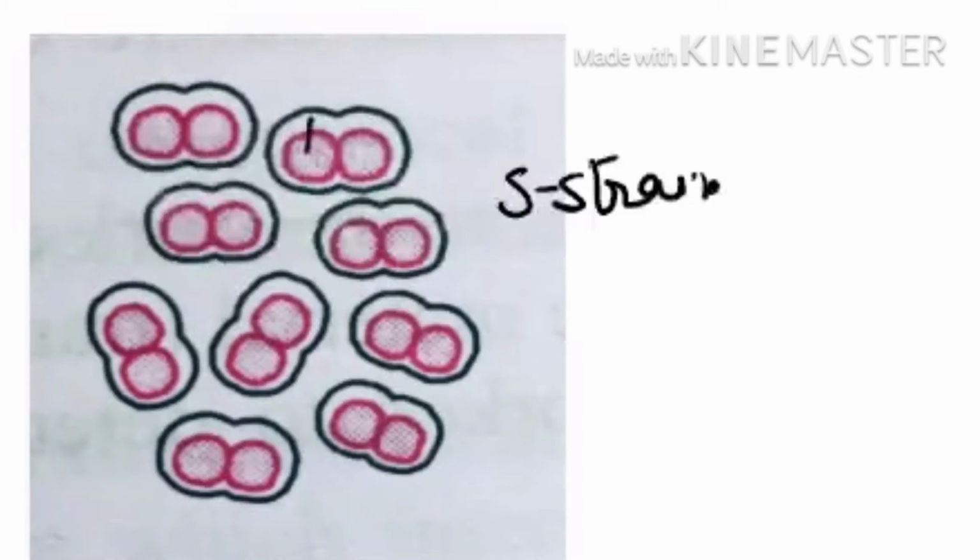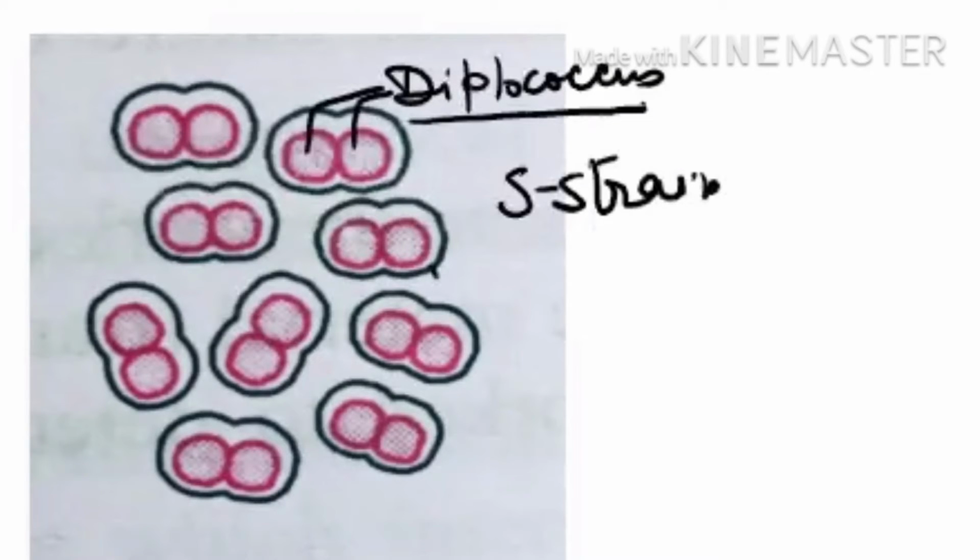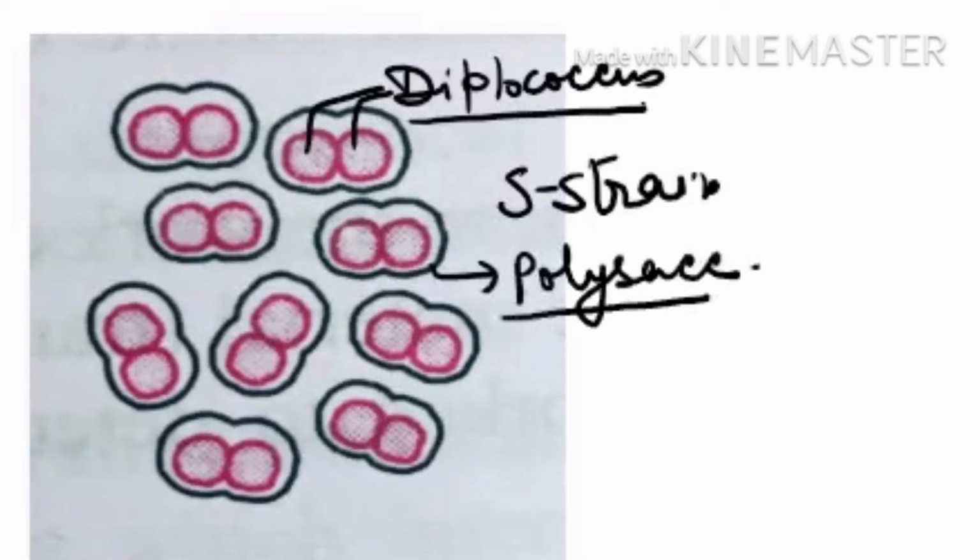If you see, there are two cocci, that is why we say Diplococcus. And they are surrounded by a sheet made up of polysaccharide. Because of the polysaccharide, they make smooth colonies. That is why it is known as the S strain.